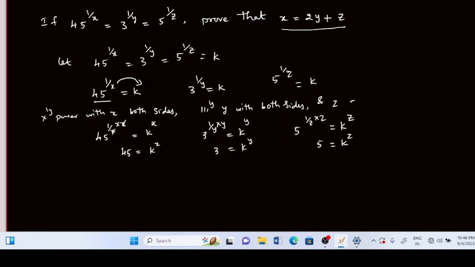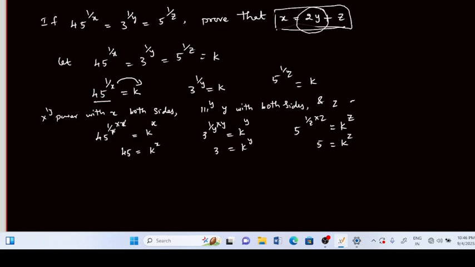So here we see the question. We must prove x equal to 2y plus z. x plus 2y equal to z. So what we do? Here 2y is there.